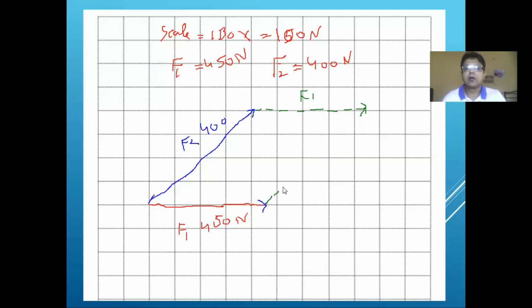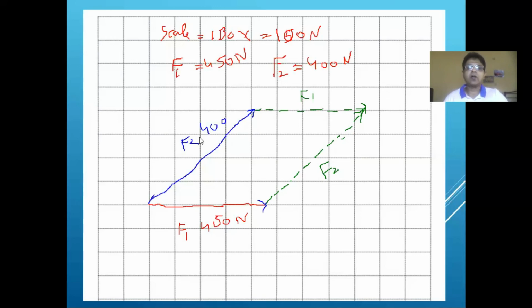This vector is parallel to F2. We can say this is a vector having the same magnitude but parallel to F2. This is my F2. Okay, you have to represent vectors with the arrow.